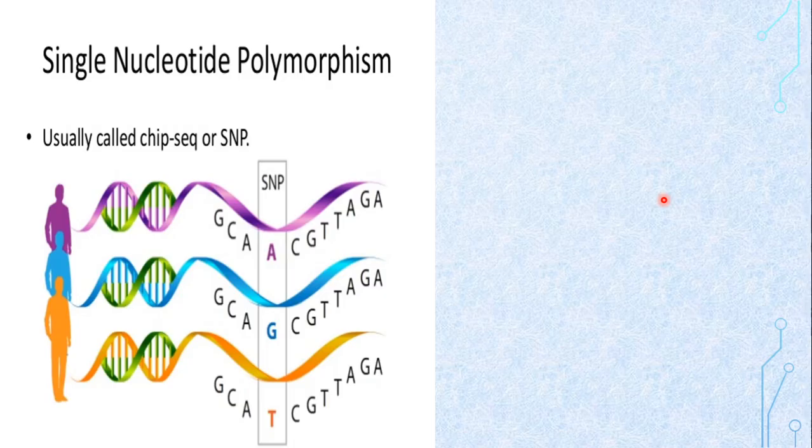Again, single nucleotide polymorphism, usually called SNPs. Three people have DNA sequences here where they differ only at one base. Otherwise, the DNA remains the same but they differ at one base. So this is known as single nucleotide polymorphism. Poly means many, morphism means forms. So one base pair difference gives us different forms.